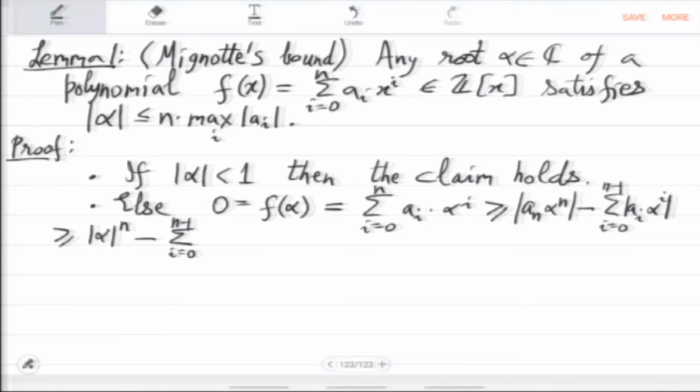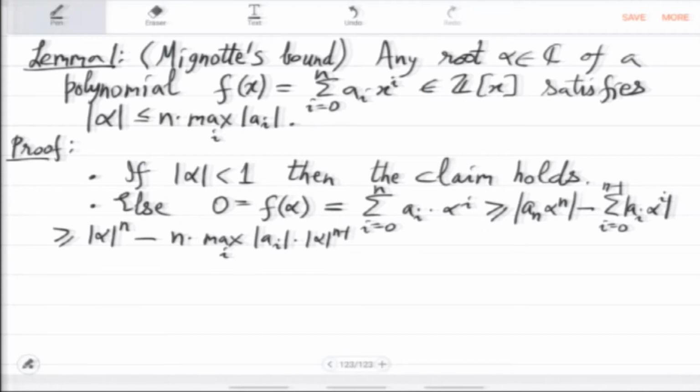a_i alpha to the i is at most, so actually we can remove the sum and use the max instead. This is at most n times the max magnitude over all the i's times alpha to the n minus 1, right.